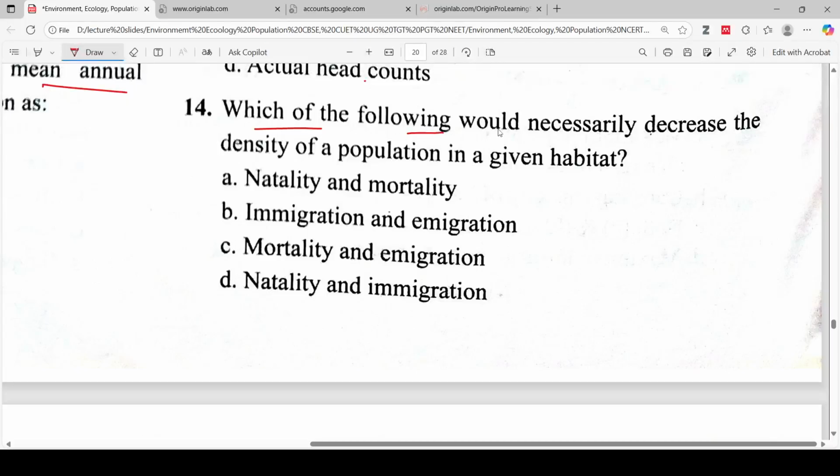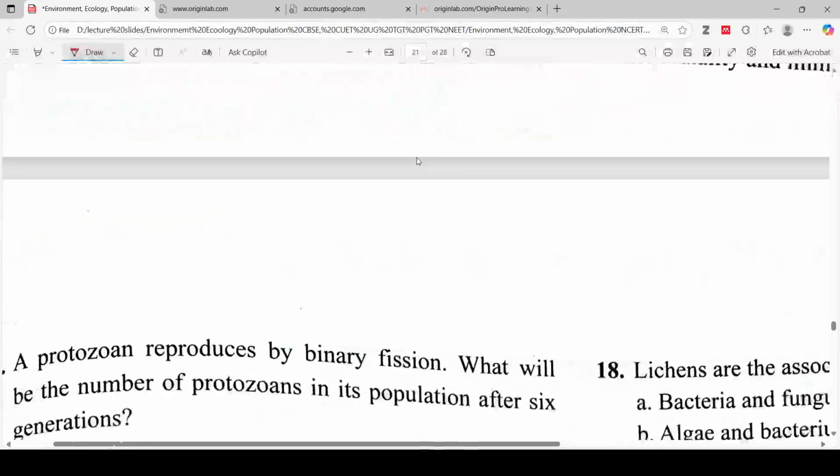Which of the following would necessarily decrease the density of a population in a given habitat? So the correct answer is option C, mortality and immigration.